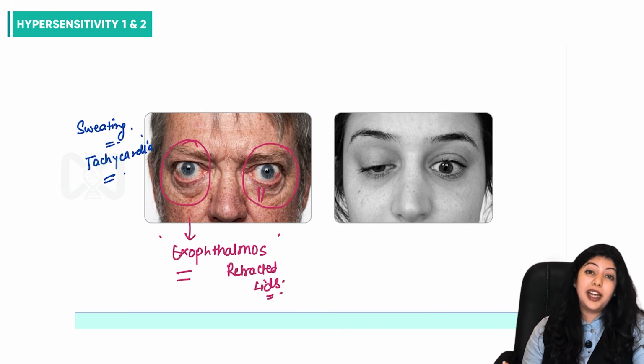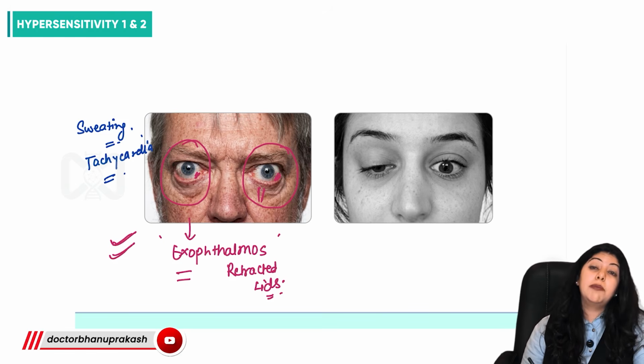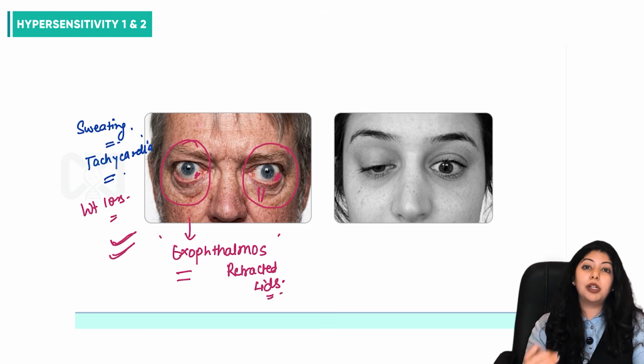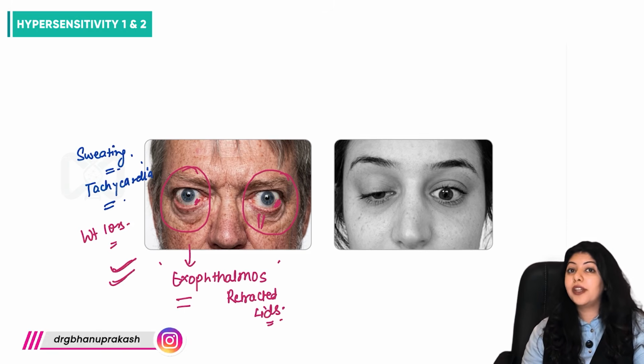There will be redness associated as well. So this is a classic picture of Graves' disease. And also there is going to be a goiter present, right? And the patient is going to have weight loss, etc. So these are the classical buzzwords, or classical symptoms and signs, which are seen in Graves' disease.